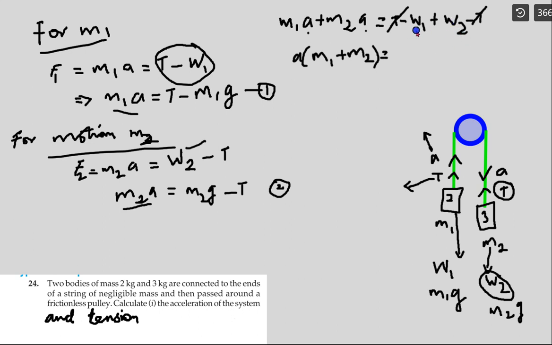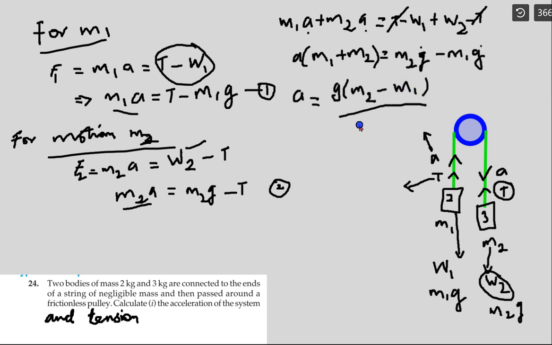W2 is M2 g, minus W1, which is M1 g. So A equals g times (M2 minus M1) divided by (M1 plus M2).